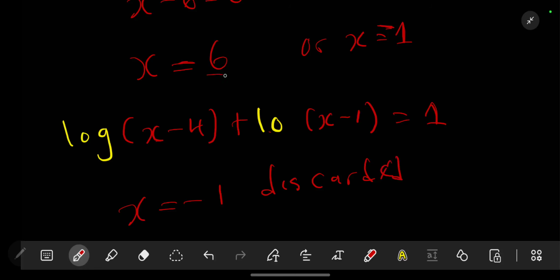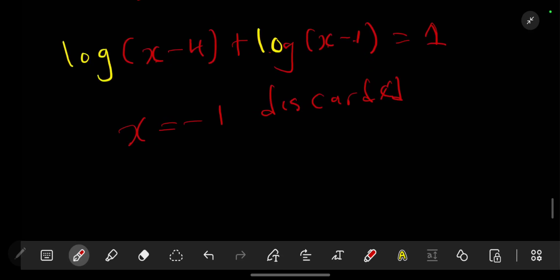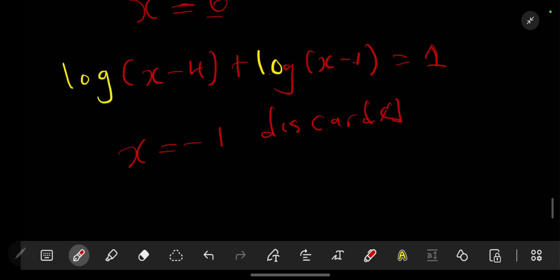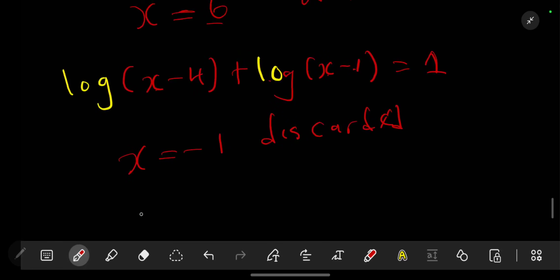But if you try your 6, it will work, because 6 minus 4 is 2, 6 minus 1 is 5. So as long as it's a positive value, it will work. So we can be able to say that x is equal to 6 is correct. Okay, so that is the one that we are considering.